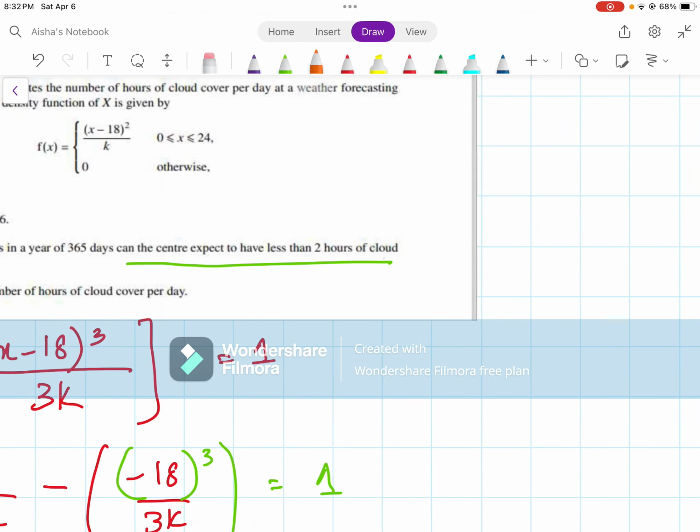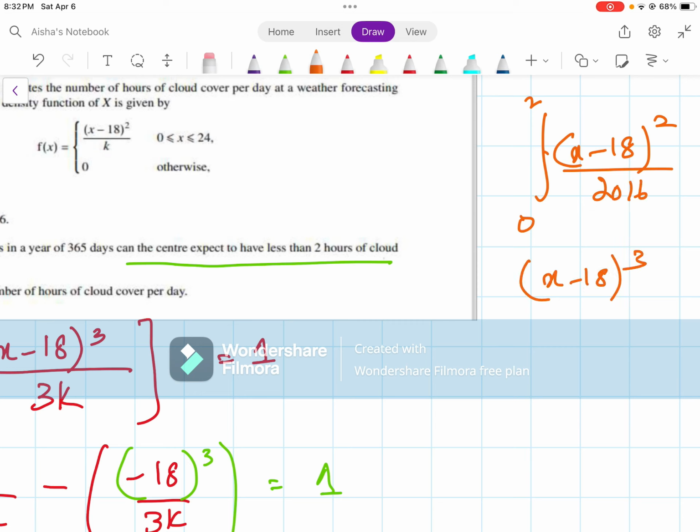Less than 2 hours, first I need to find out the probability. Integrating it and then put the limits.